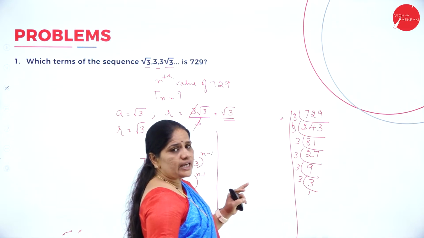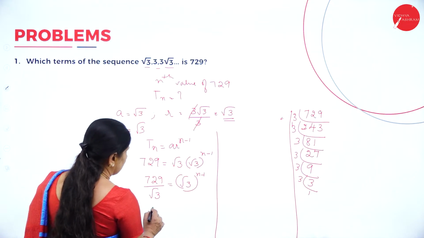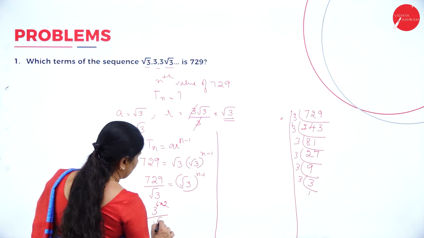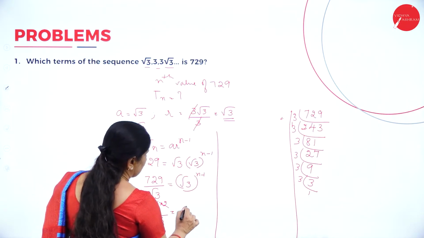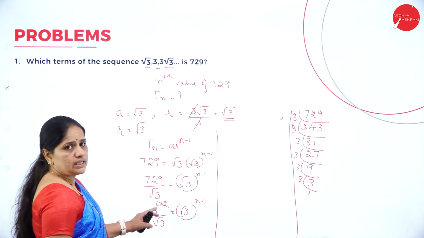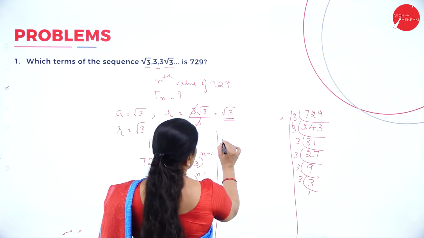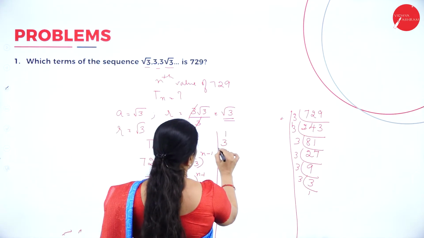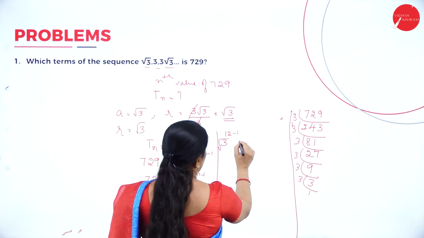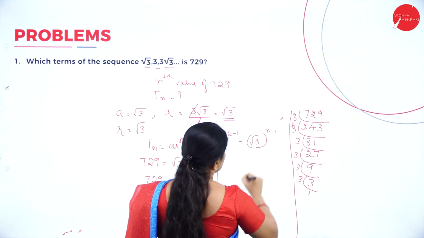Now, if I have to express it in terms of root 3, this will be equal to 3 to the power of 6 into 2, that is root 3 to the power of 12, divided by root 3 equals root 3 to the power of n minus 1. So root 3 to the power of 12 minus 1 equals root 3 to the power of n minus 1.